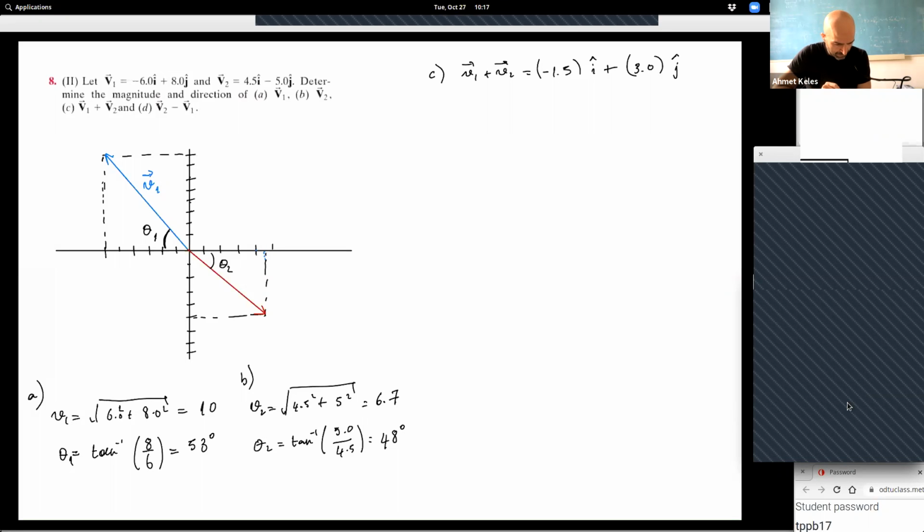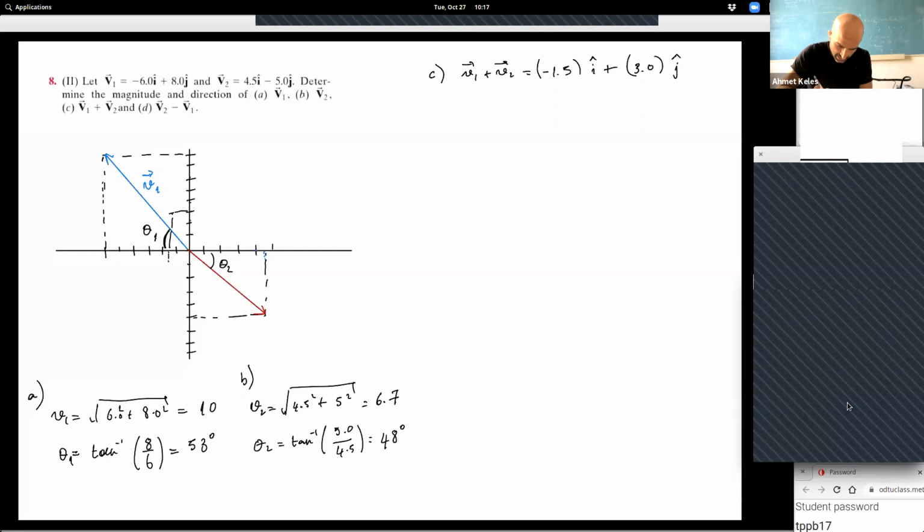Okay. So this one, yes, and this one 3. So maybe I can write it here: 1.5 along minus X direction and 3 in plus, 1, 2, 3.